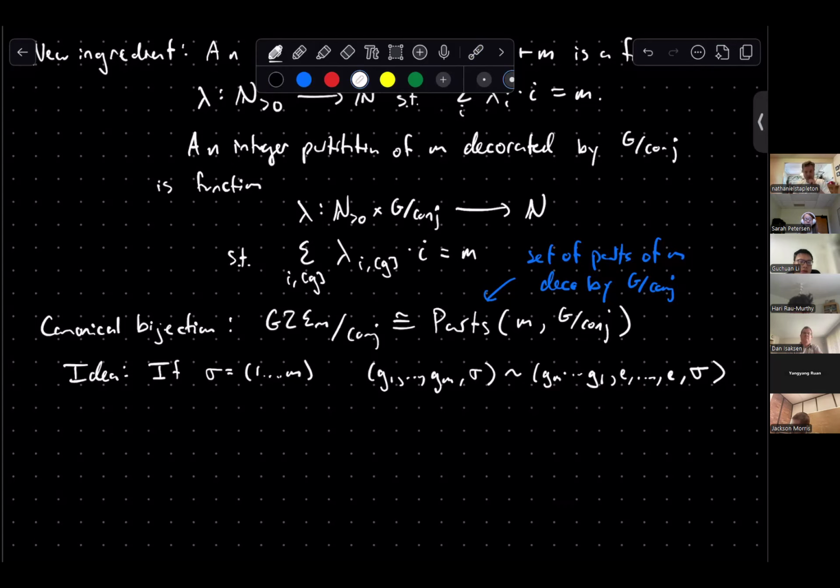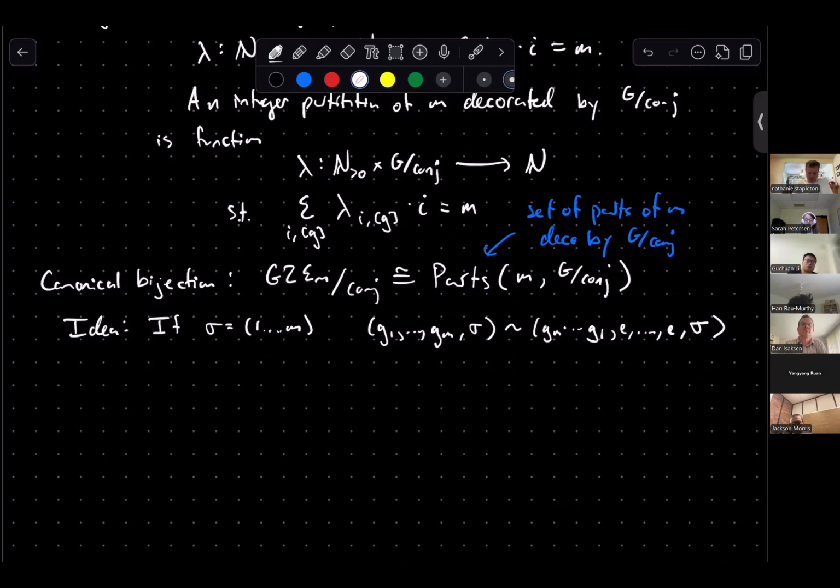It is a fun exercise to try and figure out what element conjugates the left-hand side to the right-hand side. I suggest starting with m equals 2.